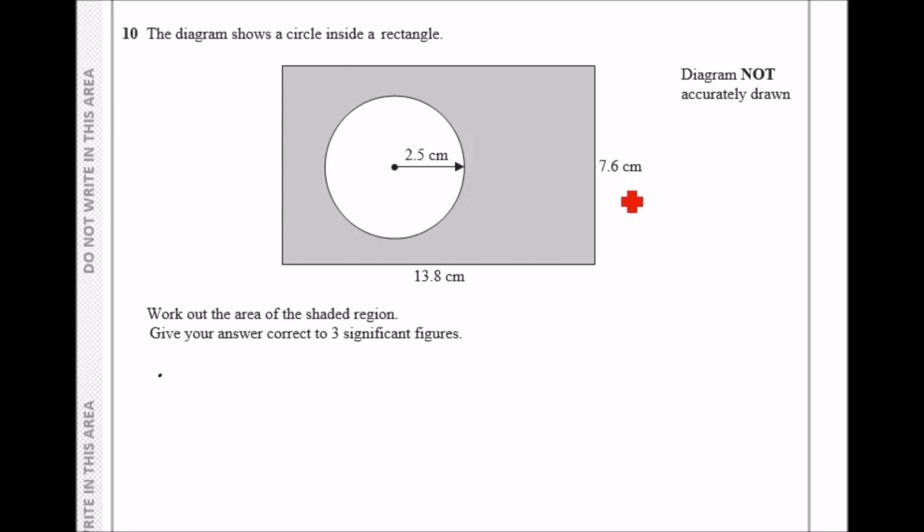If we write this out in words, the area of the whole shaded region is the rectangle minus the area of a circle. If we can do this, we should get an answer, correct? So what is the area of a rectangle?